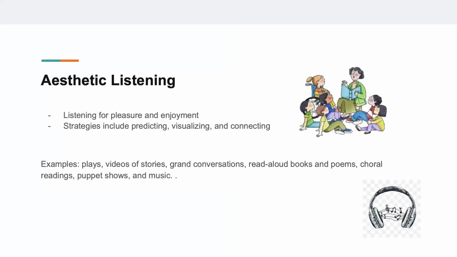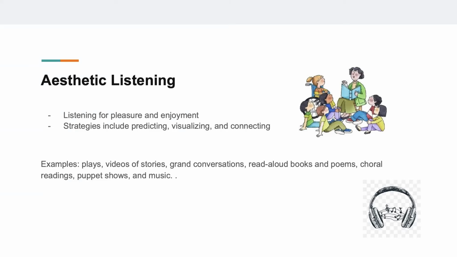The second one is aesthetic listening. This is listening for pleasure and enjoyment, which we all do by listening to music or watching TV. This can be strategically used by predicting, visualizing, and connecting.